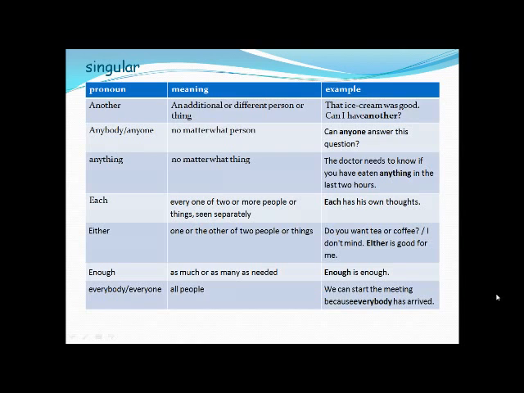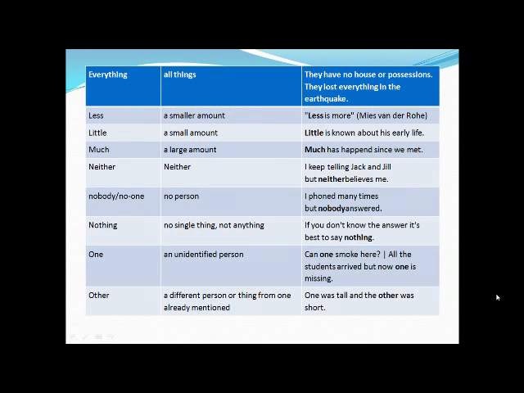For example, enough is enough. And everybody or everyone. This means all people. For example, we can start the meeting because everybody has arrived. And everything. This means all things. For example, they have no house or possessions. They lost everything in the earthquake.